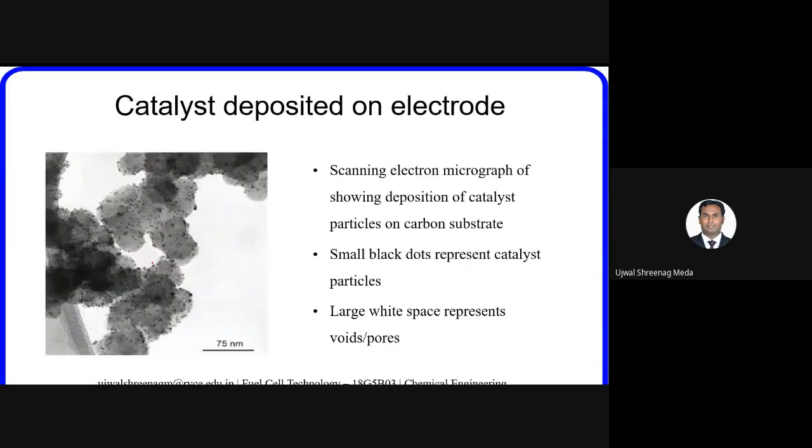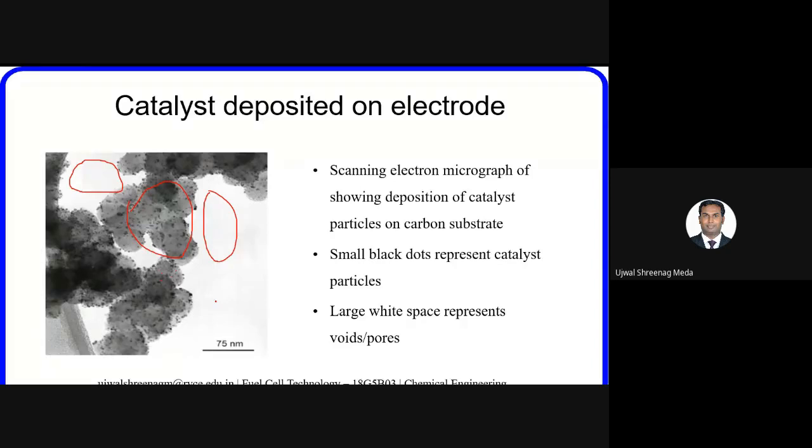Okay, and coming to the structure of an electrode. So this is how porous it is. See, this is a scanning electron micrograph of an electrode. All these blank spaces are the pores or voids, and these are the substrate particles. On top of the substrate, the actual catalyst particles, the black dots, are deposited. Usually an electrode consists of a substrate such as carbon or graphite.